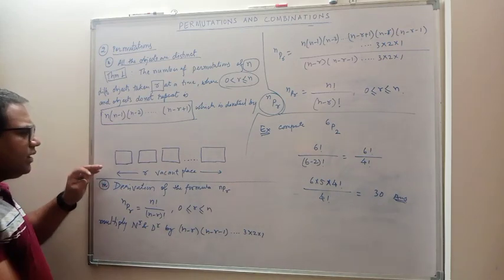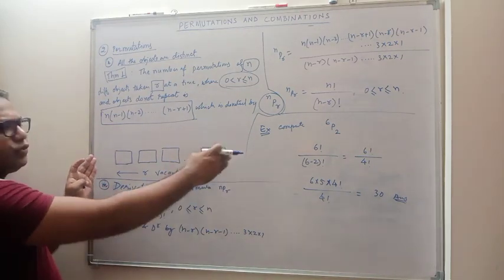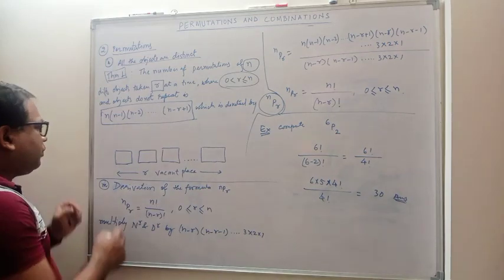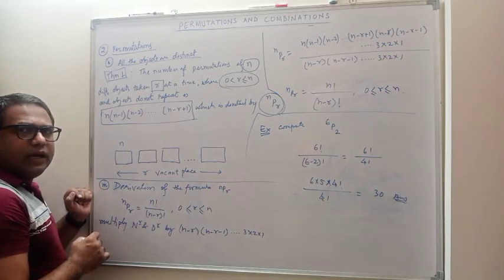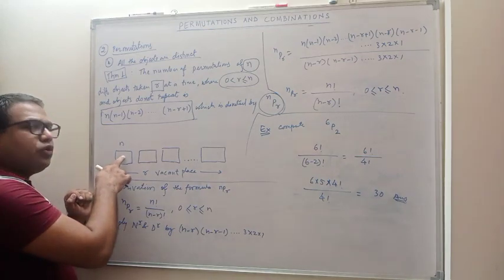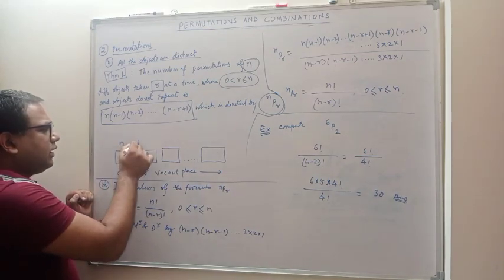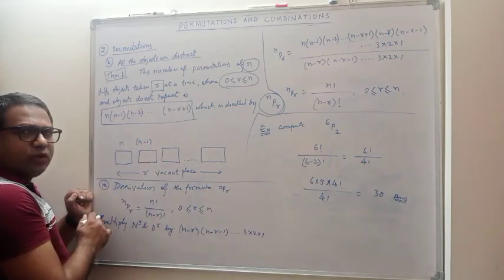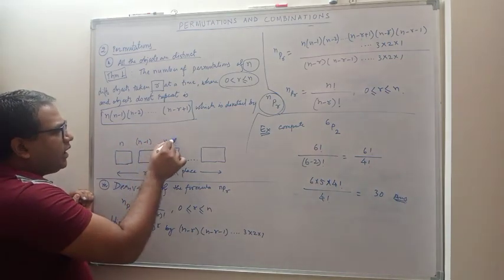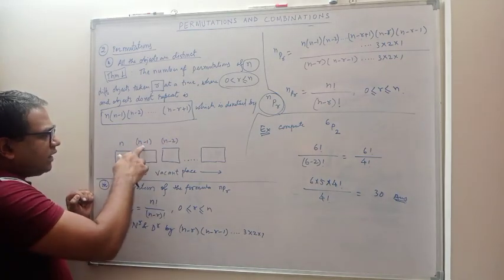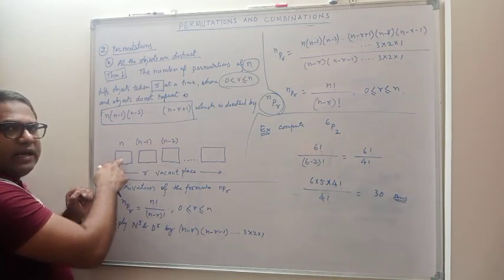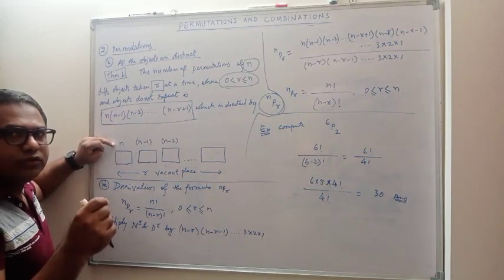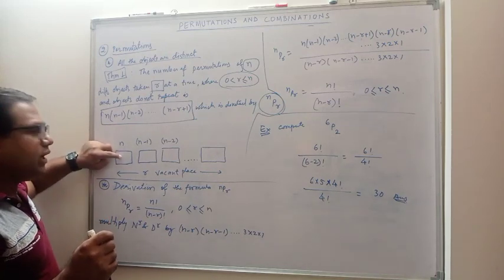There are r vacant places. First, I have an option of n different objects that I can put over here. Then I can put n minus 1 different objects over here. Here I can put n minus 2. Why is it n minus 1, n minus 2? Because I have already chosen one object from the n different objects and put it here.